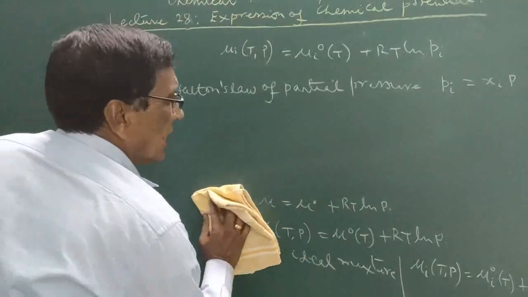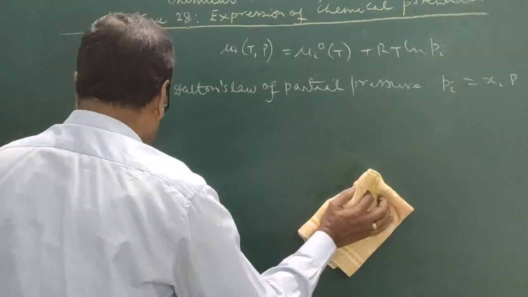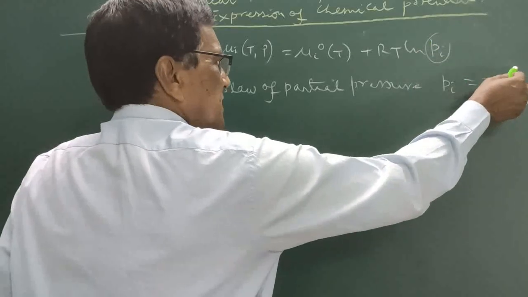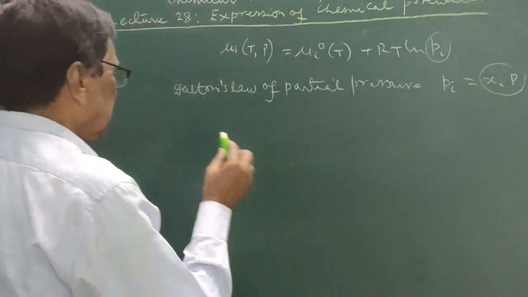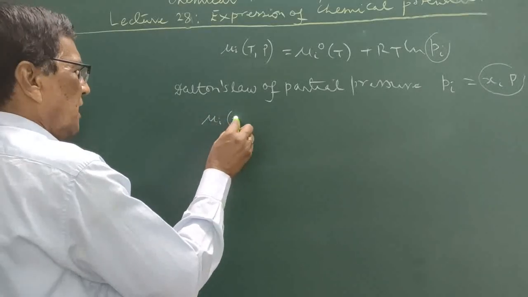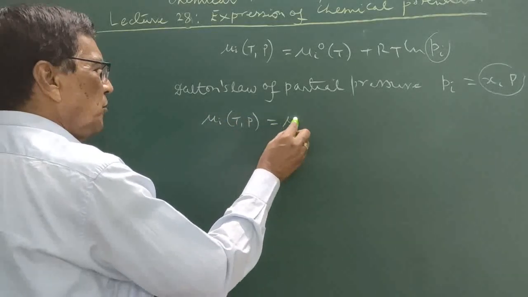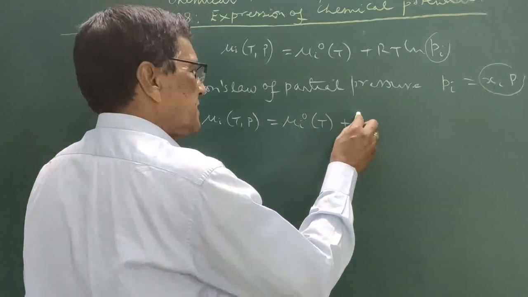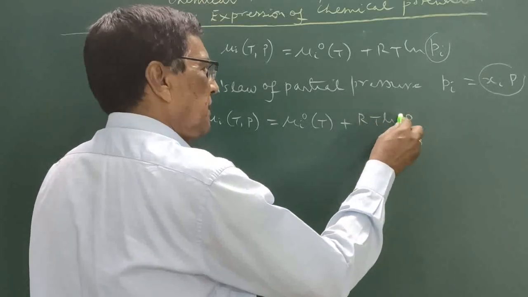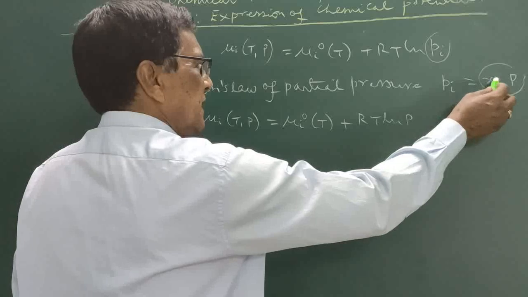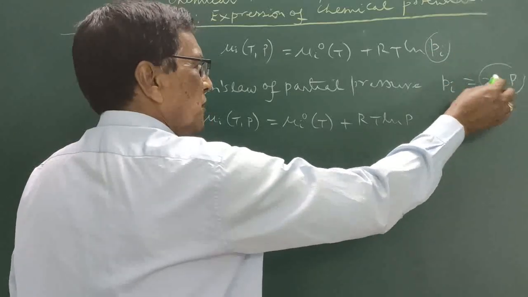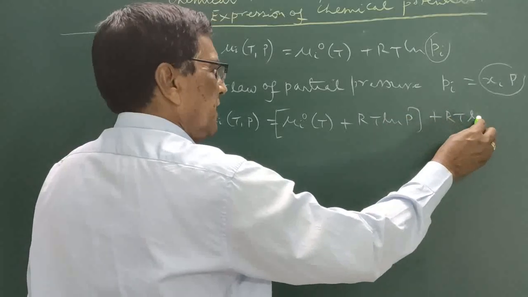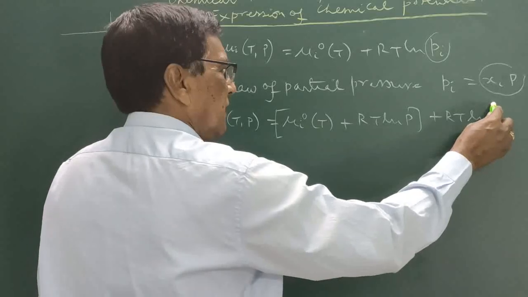So whenever Pi is replaced by Xi into P, then mu i at T and P equals mu i naught at T plus RT ln P, and when split up and taken in a bracket, plus RT ln Xi.